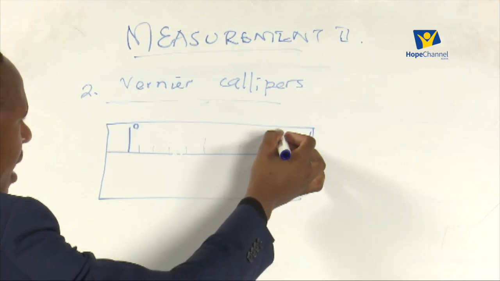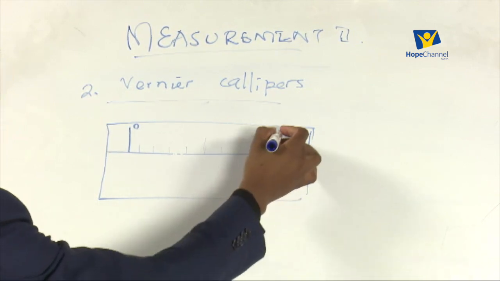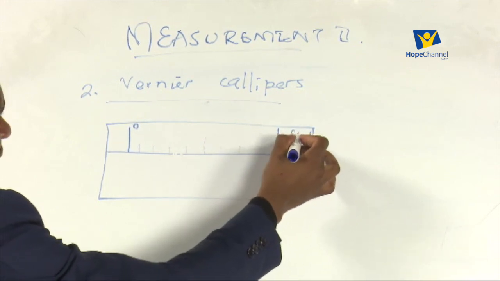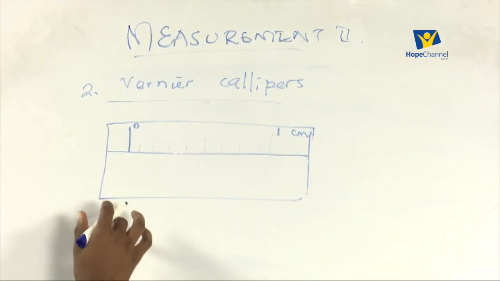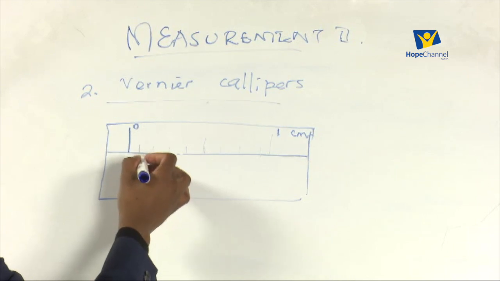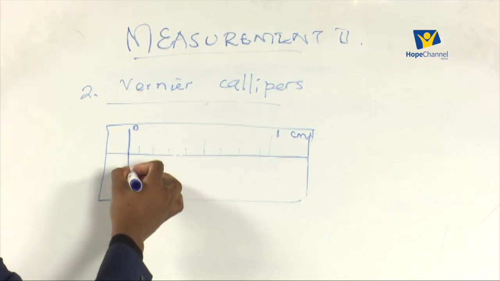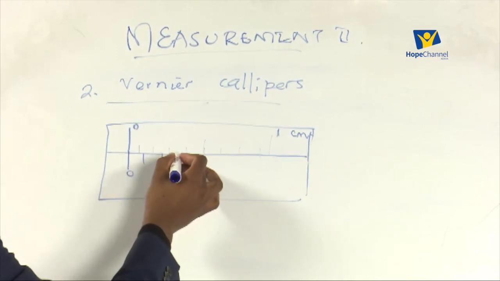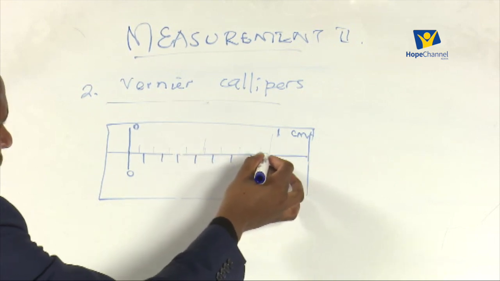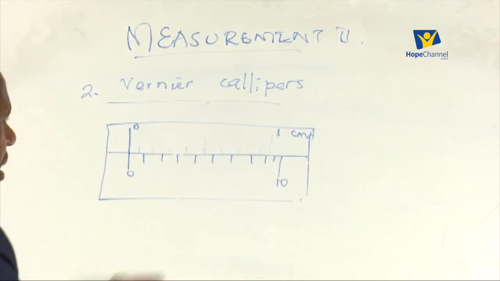So for this one I have my 1 here. This is 1, and this is in centimeters. Then in between I'll be having smaller divisions. I have a lower division, so 1, 2, 3, 4, 5, 6, 7, 8, 9. They are 10 of them.